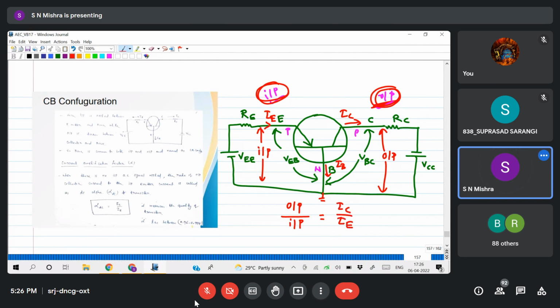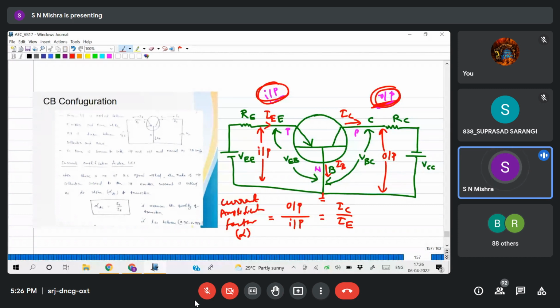So output by input we call gain. Gain means output by input. So output is IC, input is IE. So this gain is called the current amplification factor alpha.